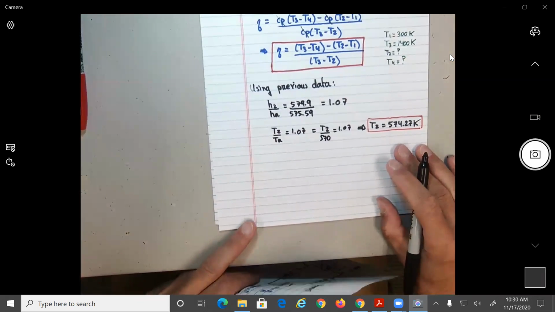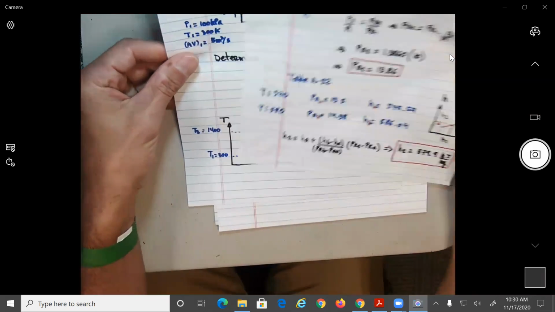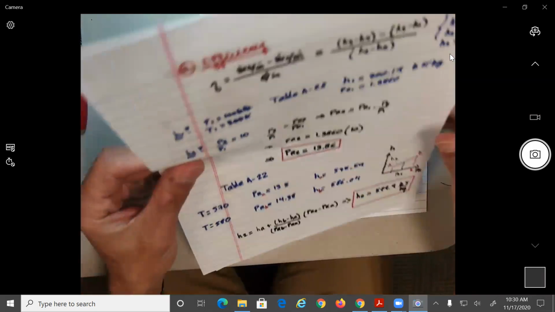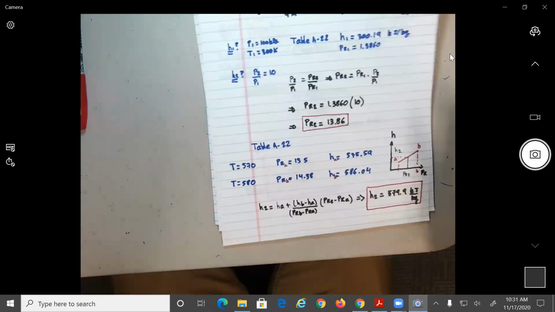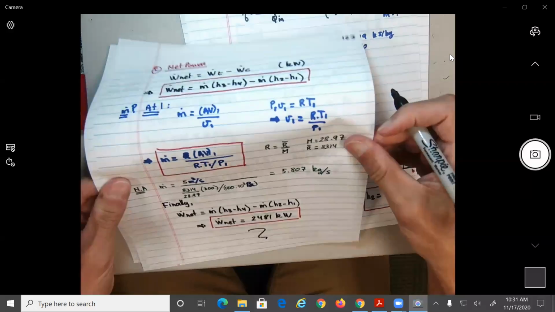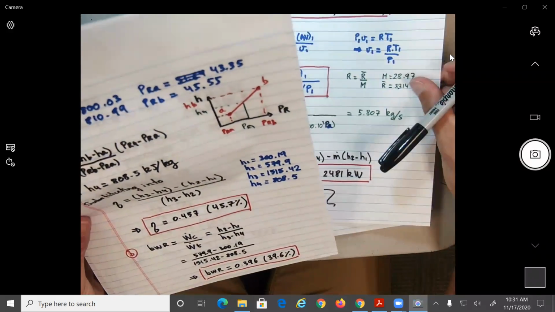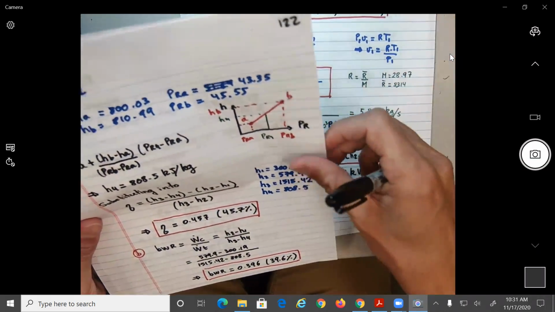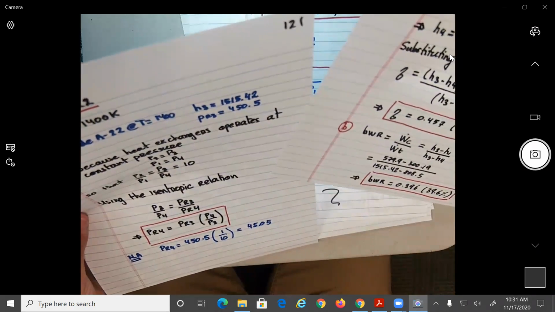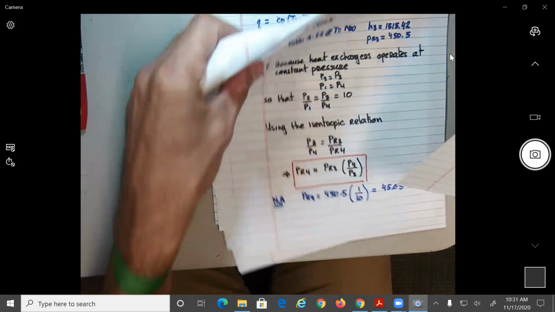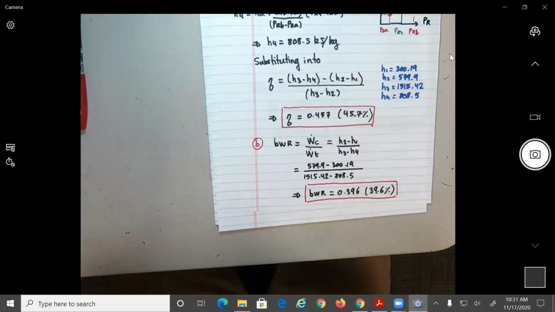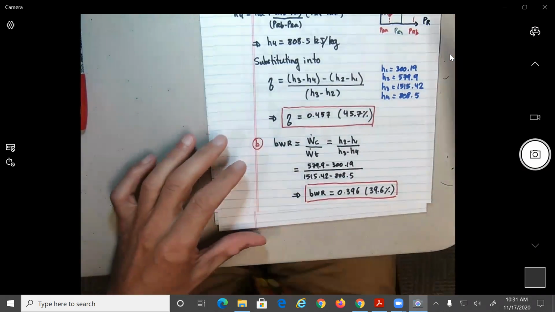Okay, similarly, we could probably do the same thing for H4. Let's see what is H4. Where do I have H4 over here? H4 is right here. So we do similarly for H4.